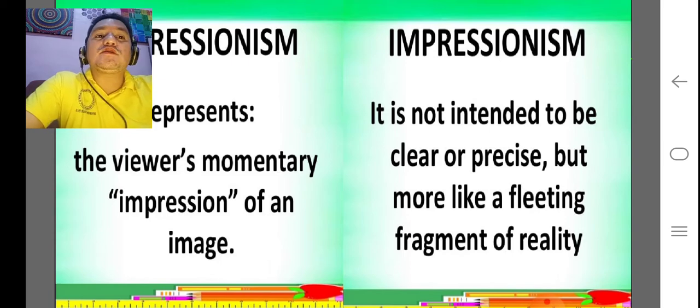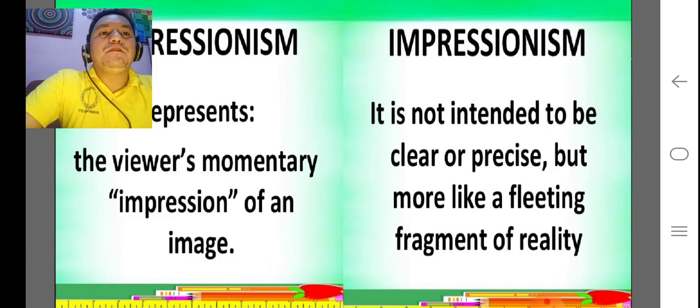What they need is to come up with not precise art but as long as they provide a kind of art wherein it talks about the viewer's momentary impression. When we speak about momentary, yung panandalian, okay? That is pansamantala, okay?